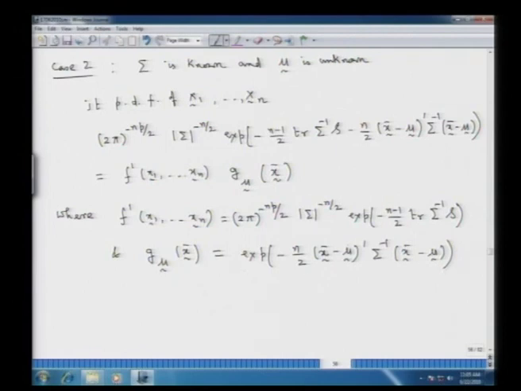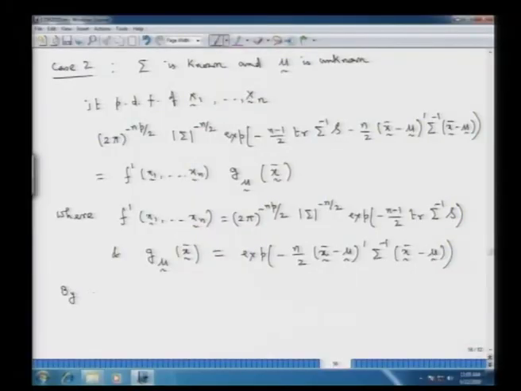It depends on mu, well, that is clear, and it depends on x1, x2, xn through this x bar vector. Note that once again sigma is known to us, and so will be sigma inverse, right. So, this is a function which depends on the unknown parameter vector mu, and its dependence on x1, x2, xn is compressed in terms of this vector x bar, right.